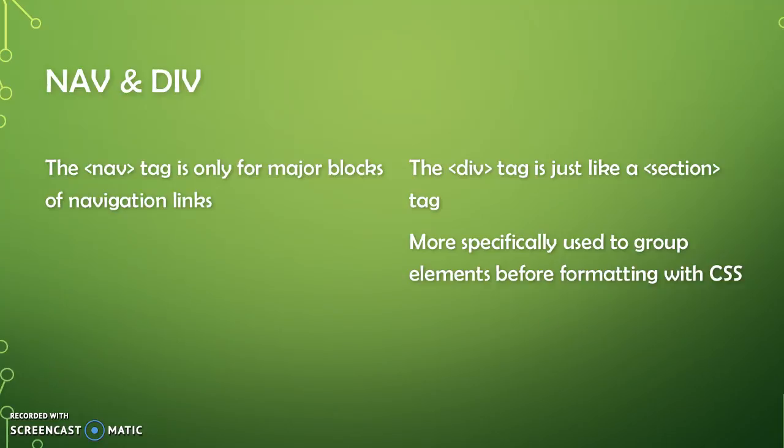It's just so that if you need some elements over on the right side and some over on the left side, that's when you'd use your div tag before you put in everything for CSS.